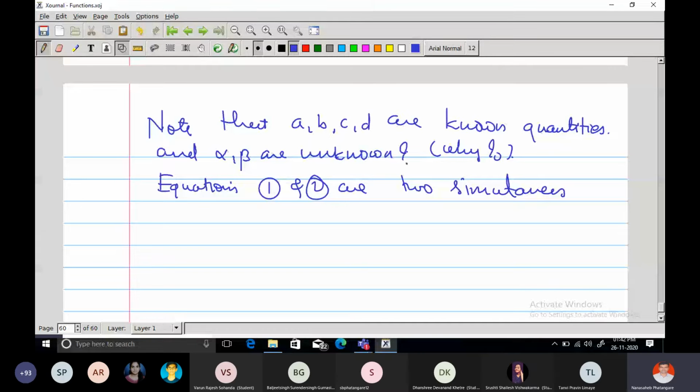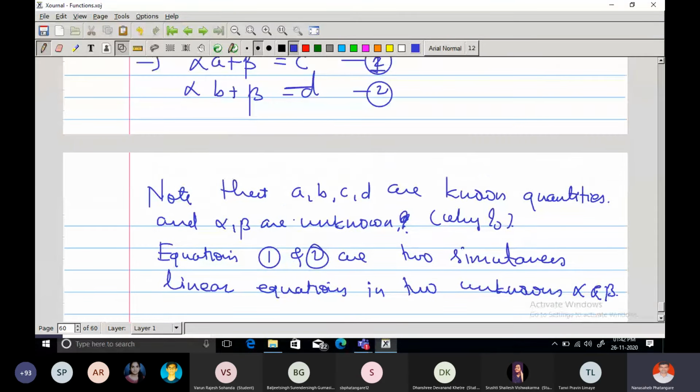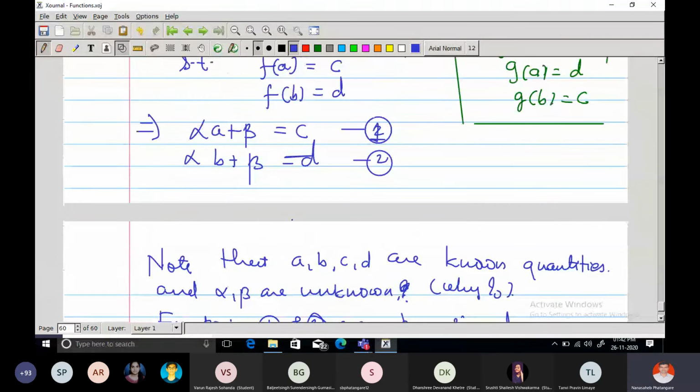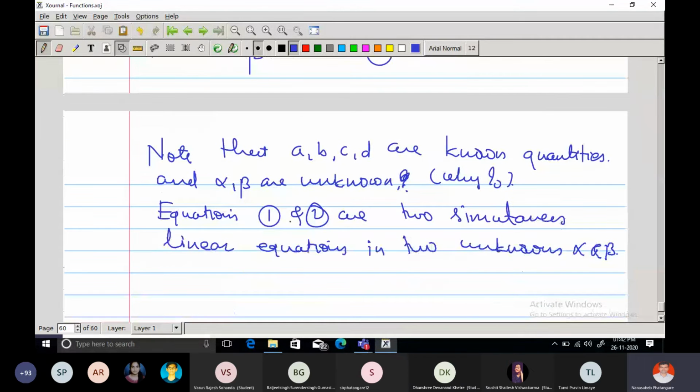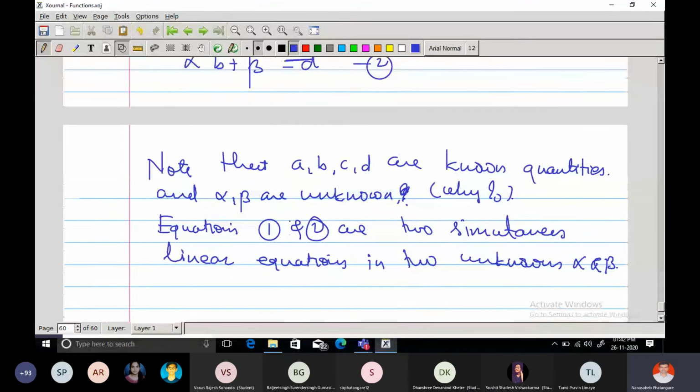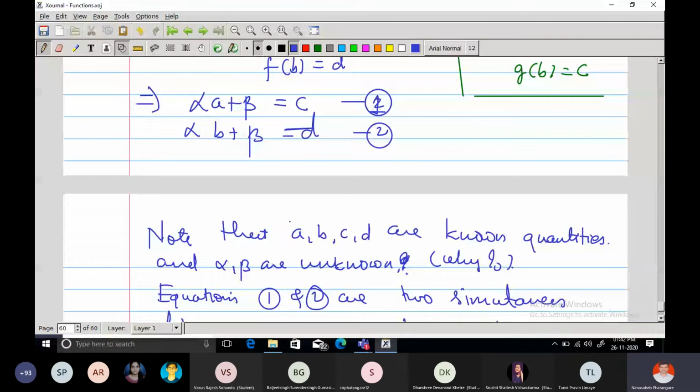So equations 1 and 2 are two simultaneous equations in two unknowns, alpha and beta, and therefore can we solve them? Can you solve them? Yes, we can solve these two equations.